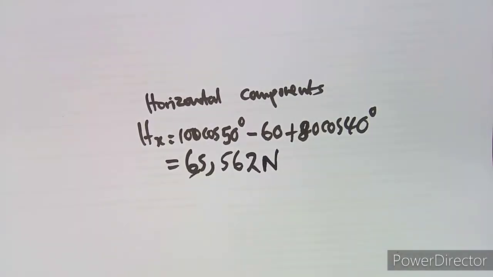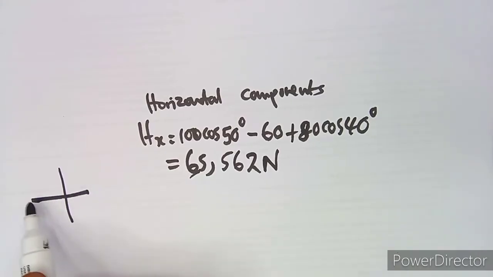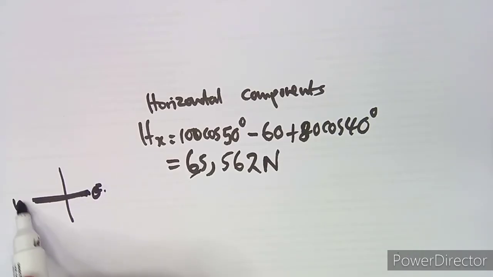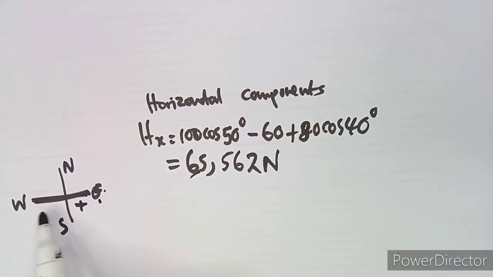Okay, so that's the magnitude in this case, but this is supposed to be a vector quantity where we have the magnitude and also the direction. So if the horizontal component is positive, what does it mean? This is the east line, this is the west line, this is the north, and this is the south. So when the horizontal is positive, it's east.